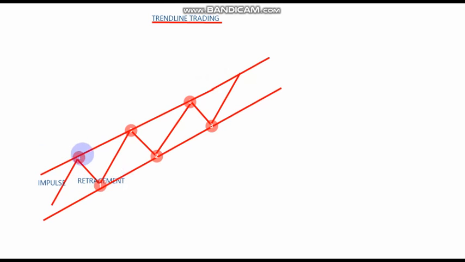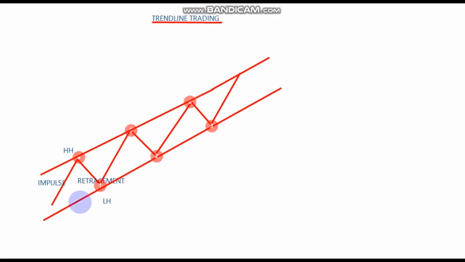This is an uptrend, so we have higher highs. We call this part higher highs, and this is a lower high. So for an uptrend, we have higher highs and lower highs. As you go along the trend, the highs are increasing. These are the highs of the candlesticks, and the lows are also increasing since it's an uptrend.